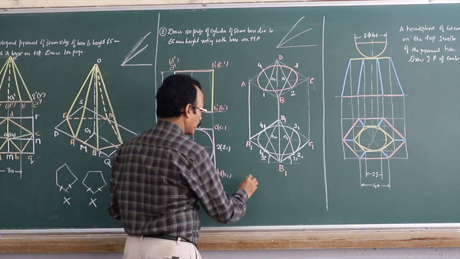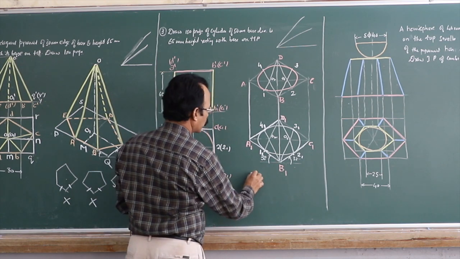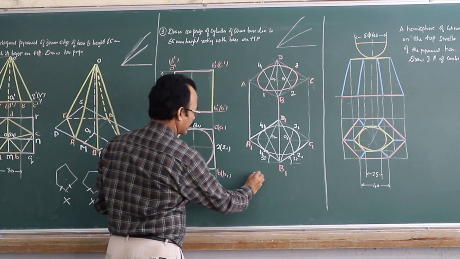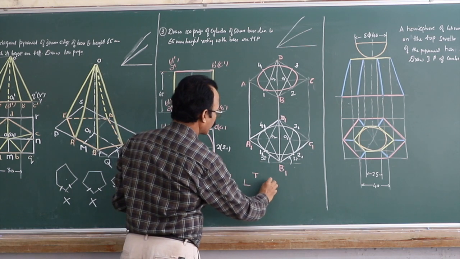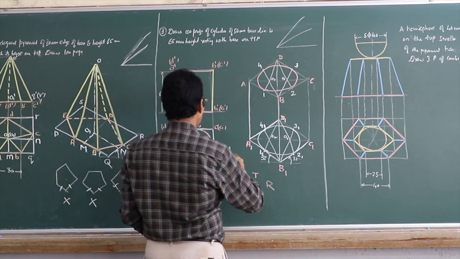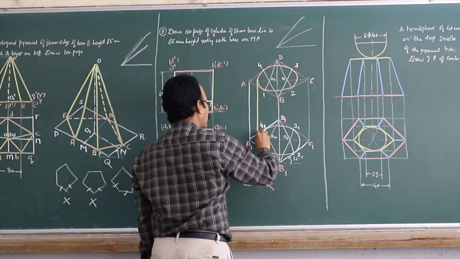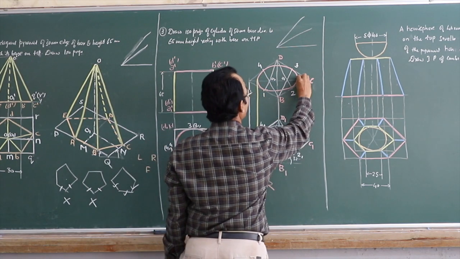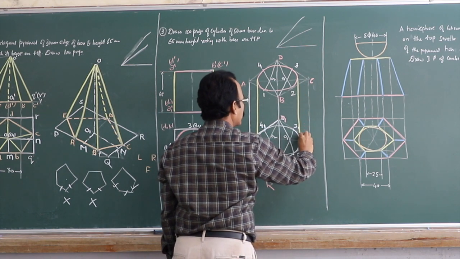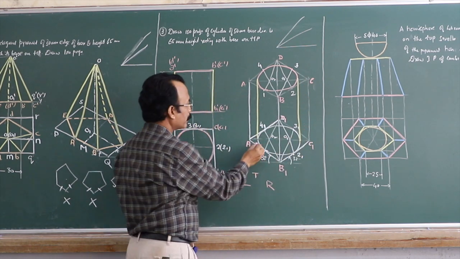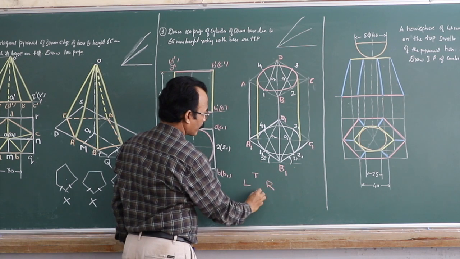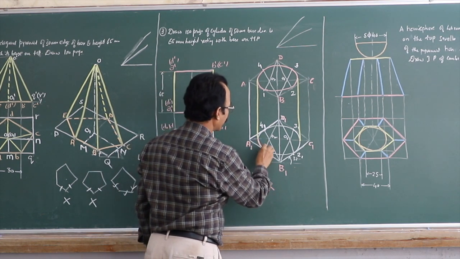So what I have told you, first you show the top completely dark, then you take left and right dark. So the leftmost tangent you draw solid there, the rightmost tangent you draw solid. Then this front portion will be visible there.